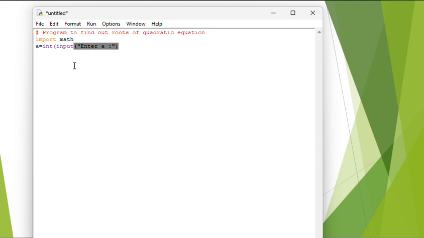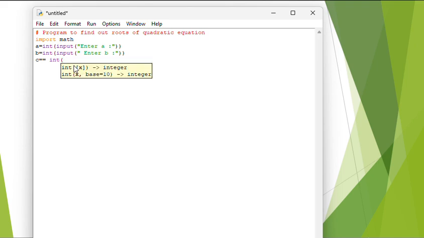Everyone knows that in quadratic equation a is the coefficient of x square. b equals to int, input, enter b, and c equals to int, input, enter c.